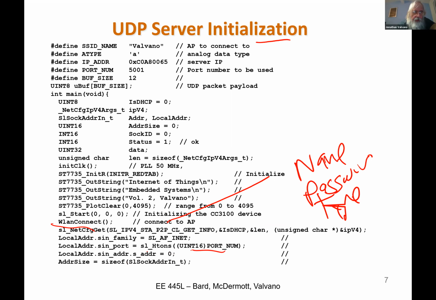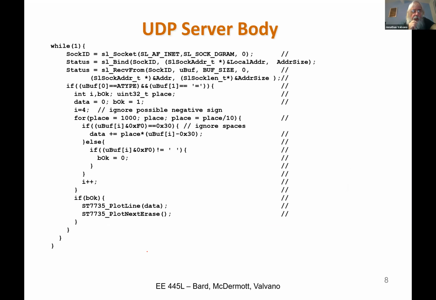And so when we create a socket, here's the run. Again, this is a UDP socket. Then I'm going to connect the socket with the receiving port.